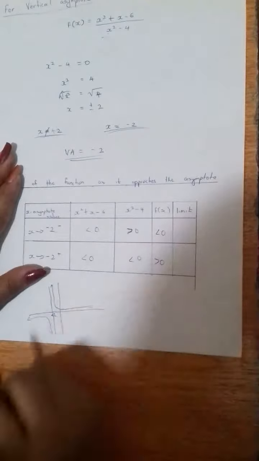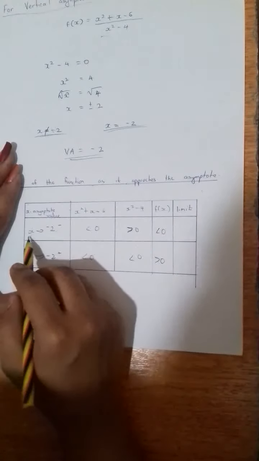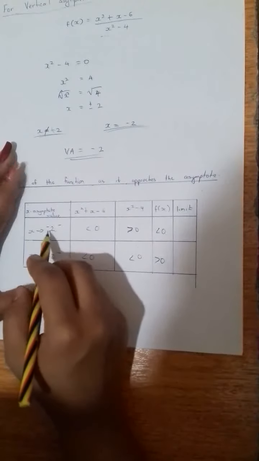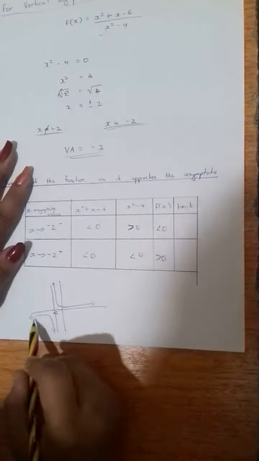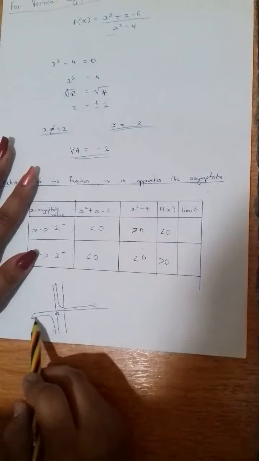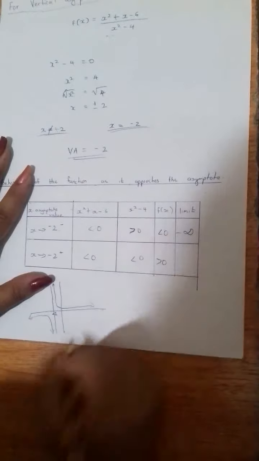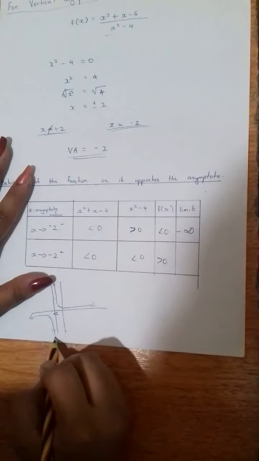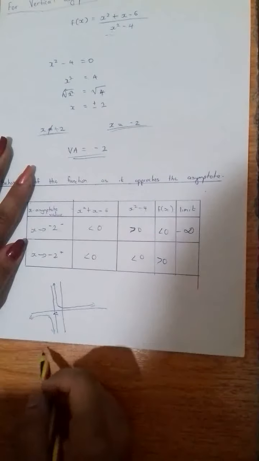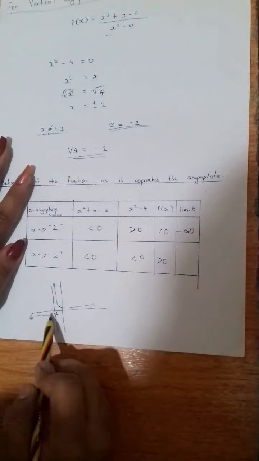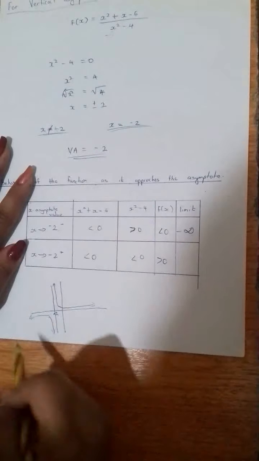Here the graph approaches the asymptote negative 2 from the negative side, which is from this side. This is going to be negative infinity because it goes downwards, which is negative, and the x values and y values as well are all going to be negative.